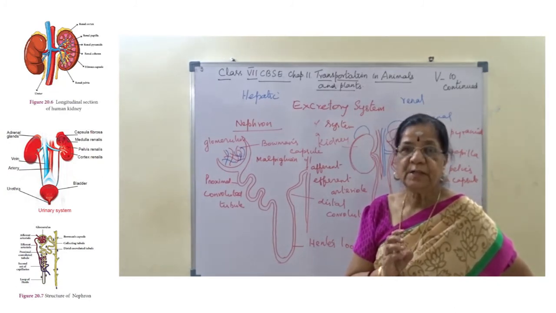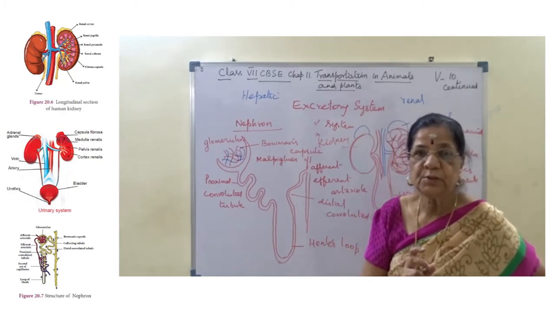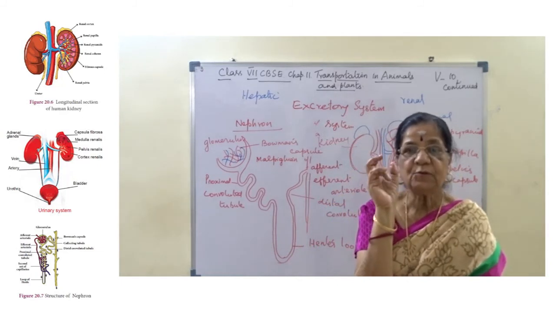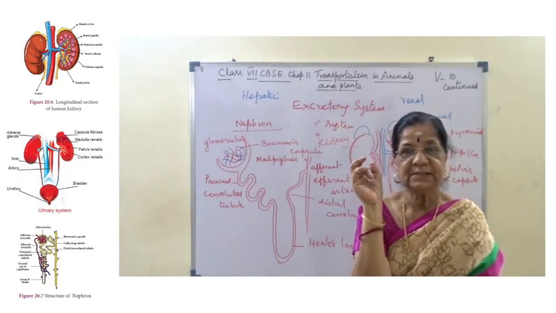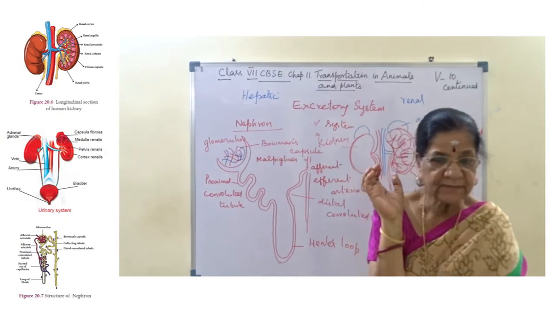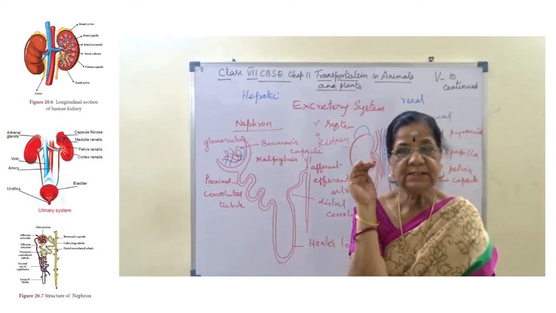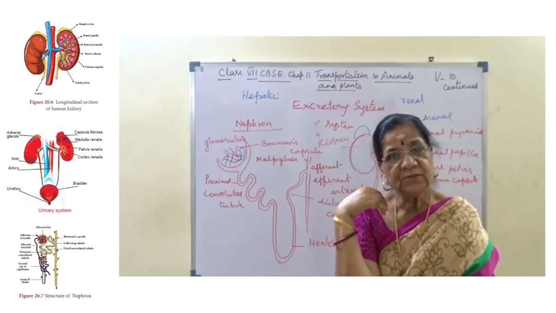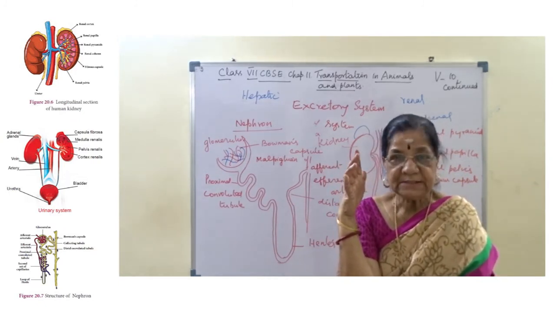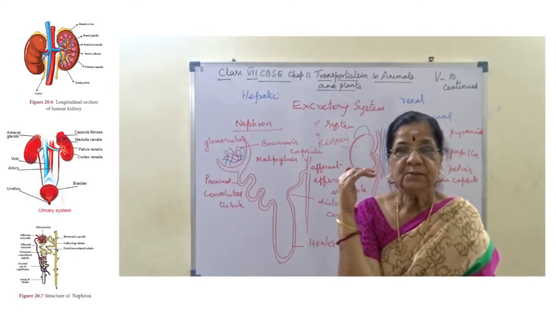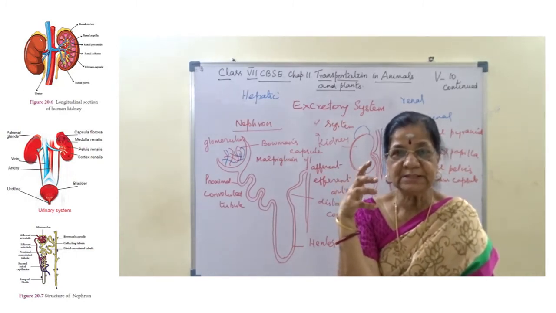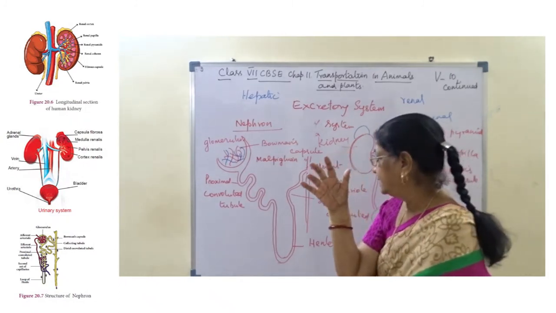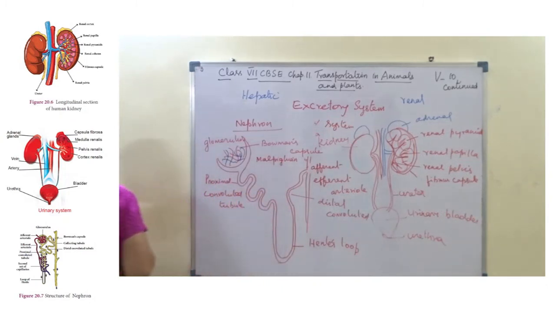In humans, daily around 170 to 180 liters of filtrate is formed. Just imagine, 170 to 180 liters. At the same time, we talk about the mechanism of urine formation. For that, it takes 3 steps.